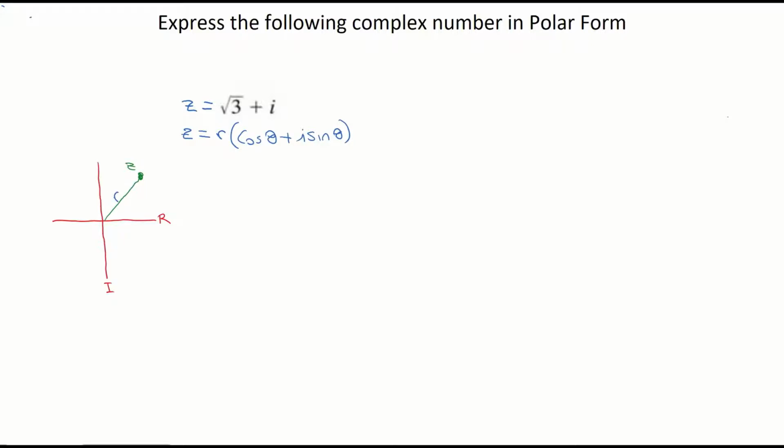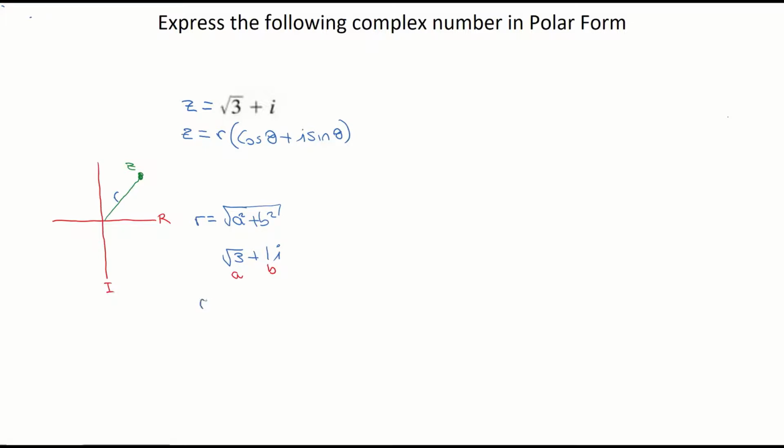And the formula for finding that length, or the modulus of a complex number, is the square root of a squared plus b squared. So that'll get you the length of r, the modulus. I take my complex number, root 3 plus 1i, and I'm just going to label those two parts. I'm going to call the root 3 my a, and the number in front of the i, b.